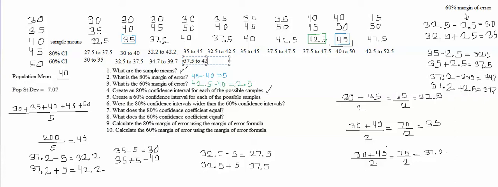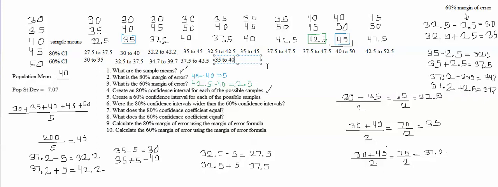So that's our next answer. Next time we take the mean of our next sample, which was 37.5, add and subtract 2.5. 37.5 minus 2.5 is 35, and 37.5 plus 2.5 is 40.